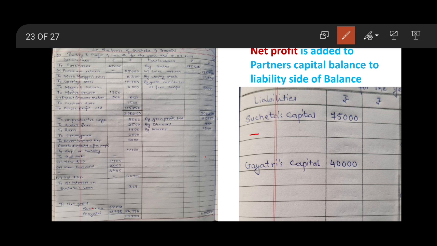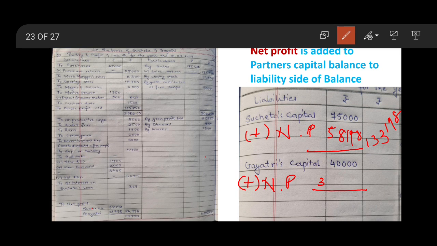In Sucheta's capital, you will add net profit. What was the amount for Sucheta? It was 58,198. So write it in the inner column, 58,198. Take the total outside, you will get 1,33,198. Write it properly in the outer column. Go to Gayatri's capital, add net profit. What is the amount of Gayatri's net profit?